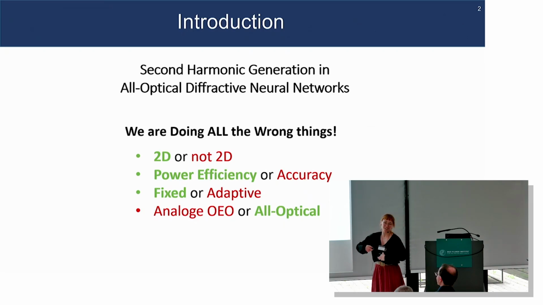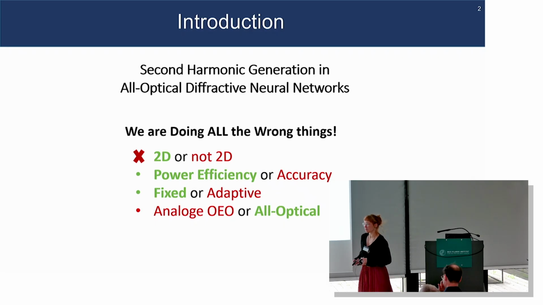Actually, I enjoyed all the talks very much, but the first one prompted me to add this slide because, well, we're doing all the wrong things. So first the question, 2D or not 2D. Our system is not 2D because we're doing diffractive neural networks. Then power efficiency or accuracy.